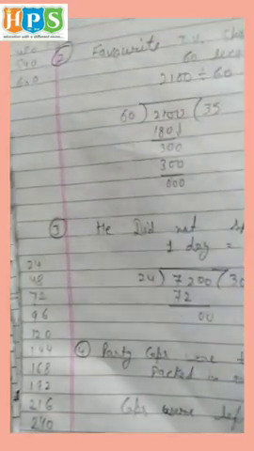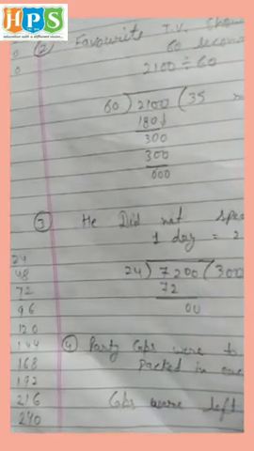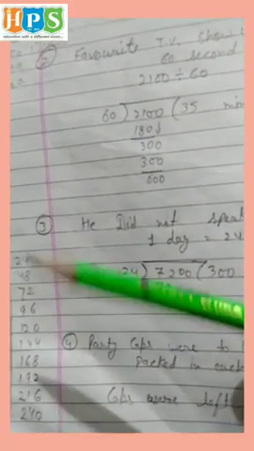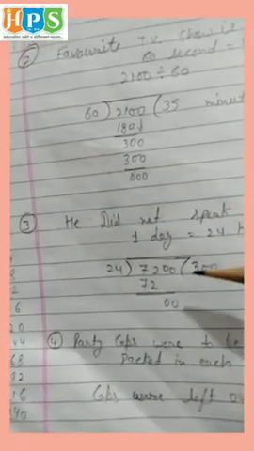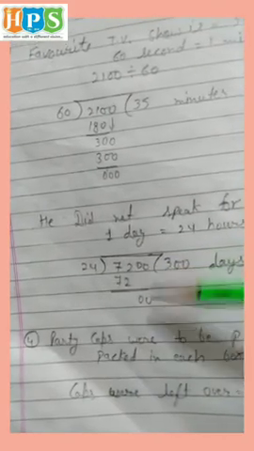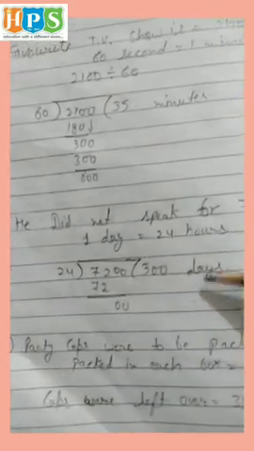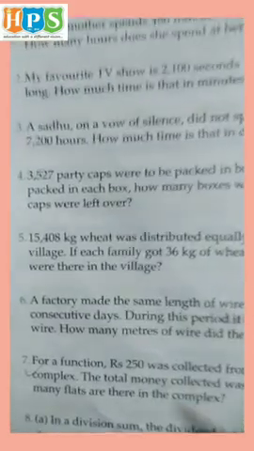So we need the table of 24. This is the table of 24. 24 3s are 72, and we write 00 as it is. So 300 days.